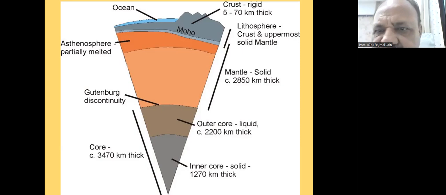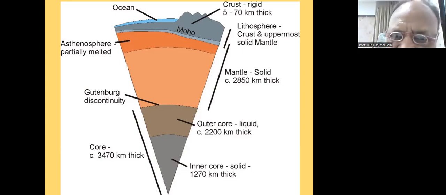Now you see that the mantle is a large portion, almost 2,850 kilometers thick, and it is solid. Above that there are oceans, almost 70% of the surface, at the top.